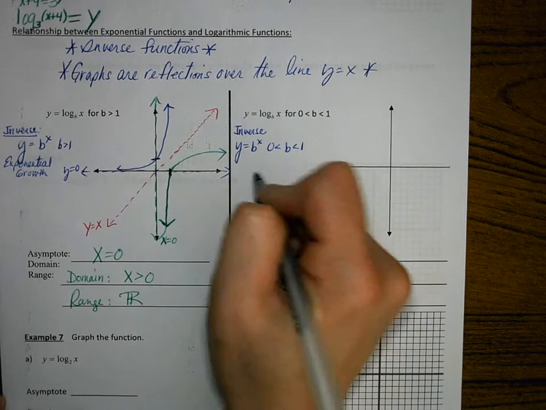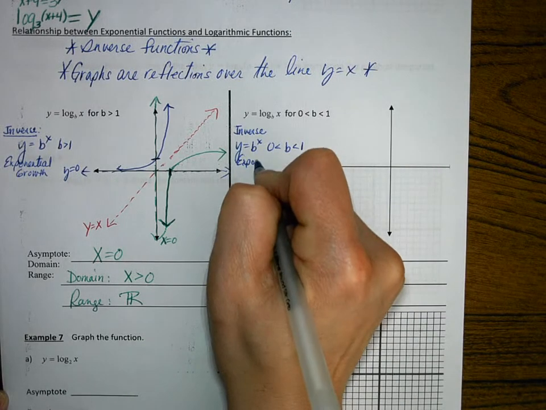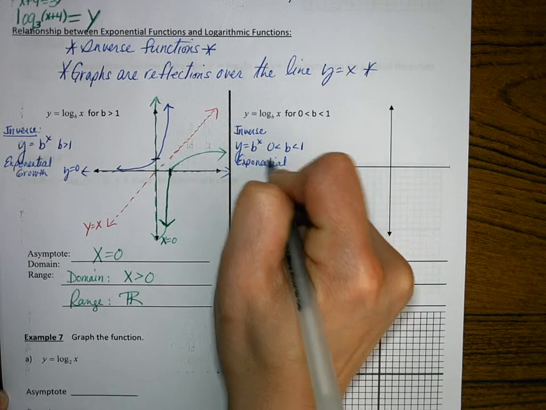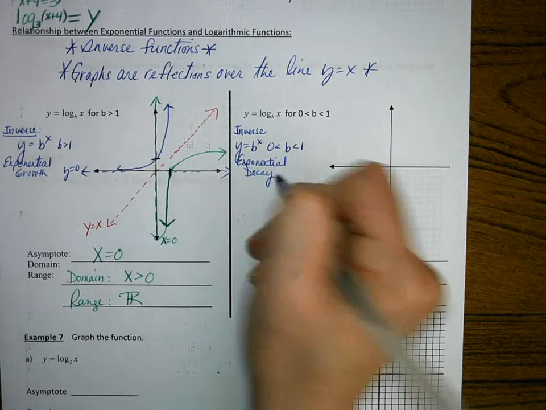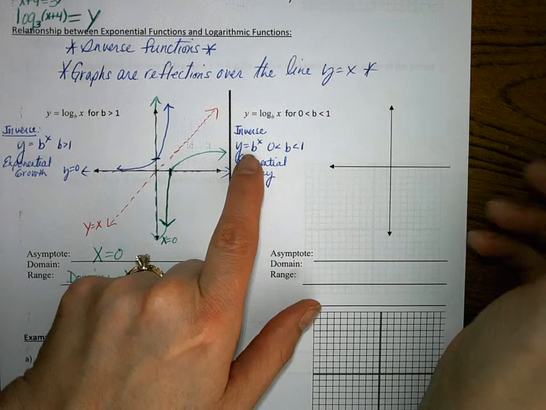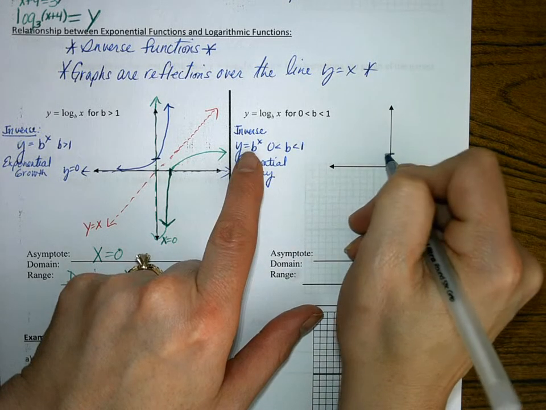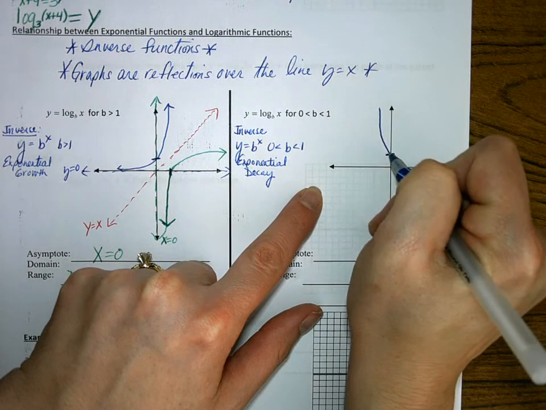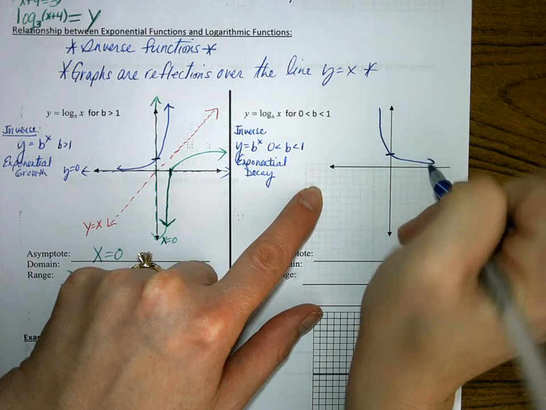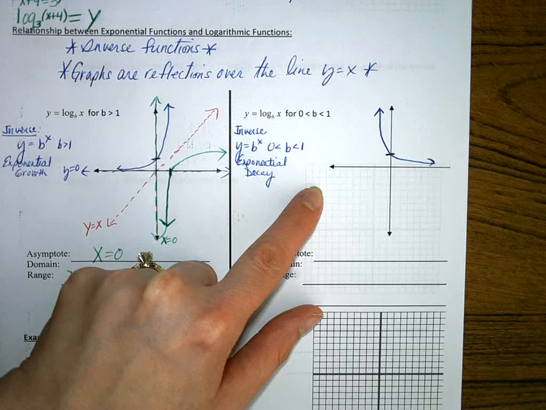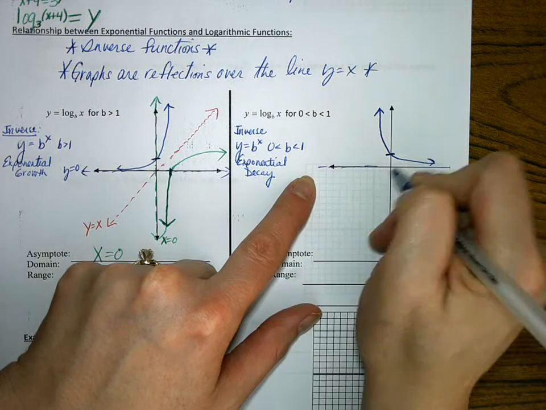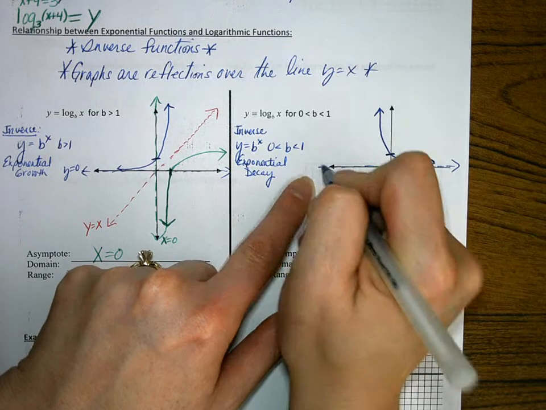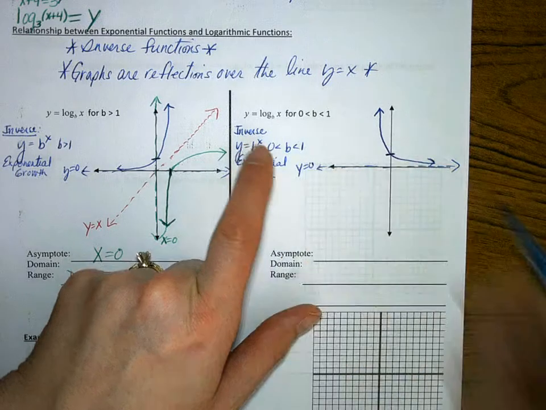It's exponential decay, absolutely. So in this case, my a value is 1, so I'm always up at a. And I know for exponential decay, it's going to come down and to the right. And once again, we realize that my asymptote is the x-axis, the line of y equals 0.